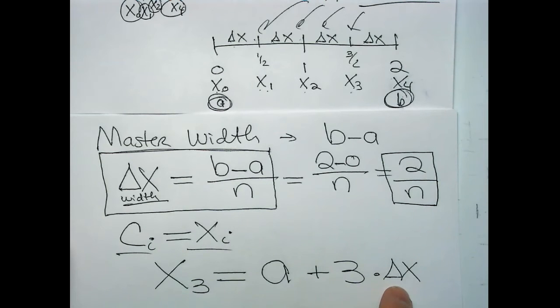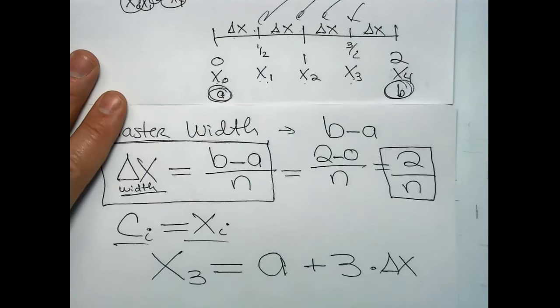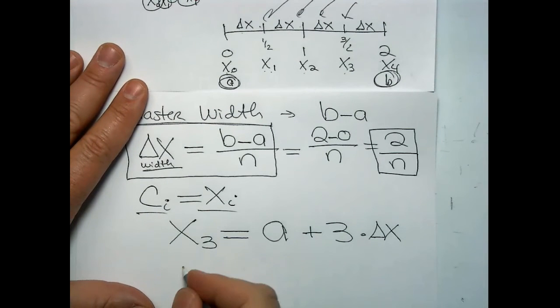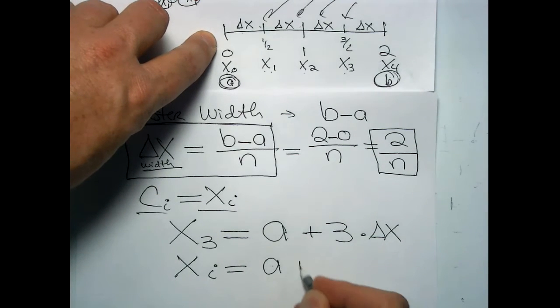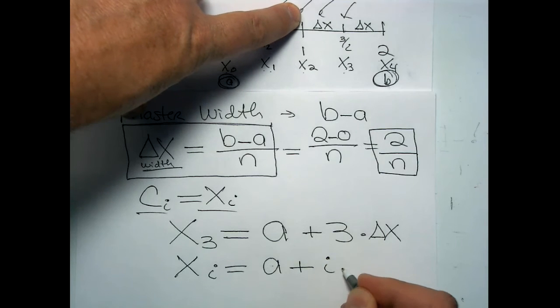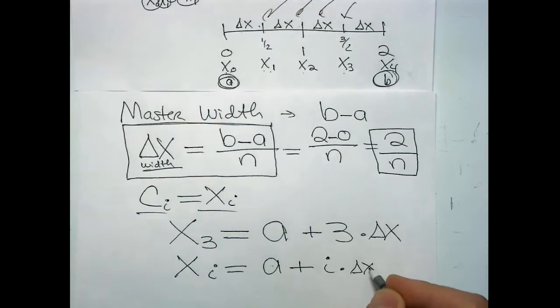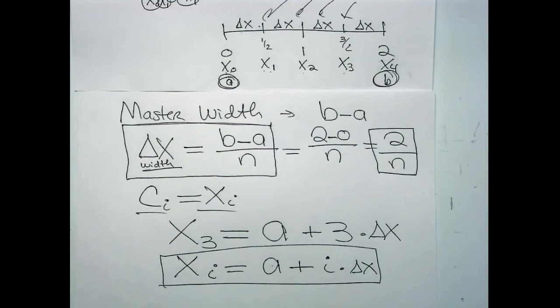And this is before I even know what delta x or a really are, but it's a great formula for that. So if you extrapolate that, what you discover is that x sub i, x sub anything, is always start at home at a and add your way over to that x sub i by adding that many delta x's. And therein lies another extremely important formula for finding the area beneath a curve.